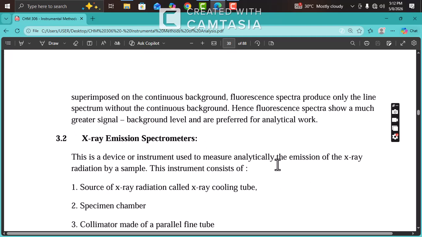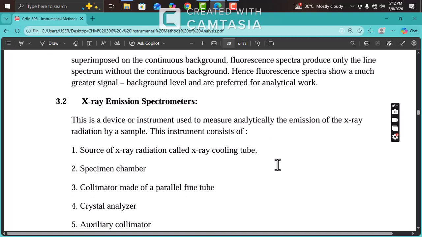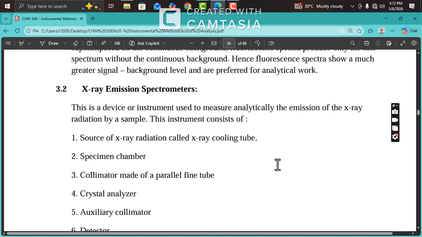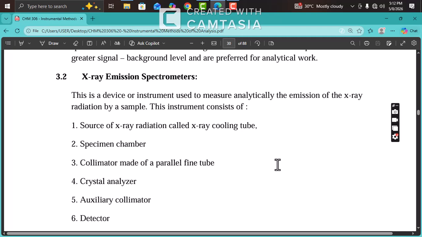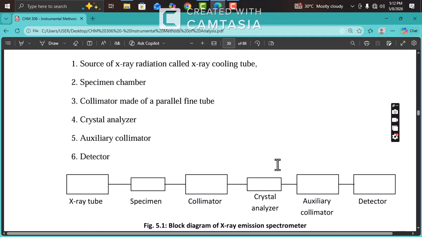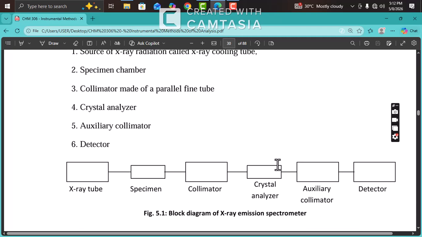The instrument consists of the source, the specimen chamber, the collimator, the crystal analyzer, auxiliary collimator, and detector. Now take note of this block diagram. The block diagram involves the X-ray tube, specimen, collimator, crystal analyzer, auxiliary collimator and detector.